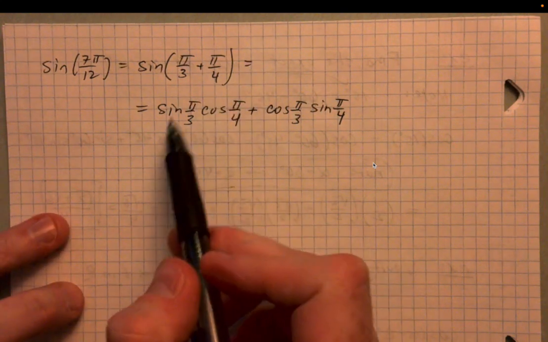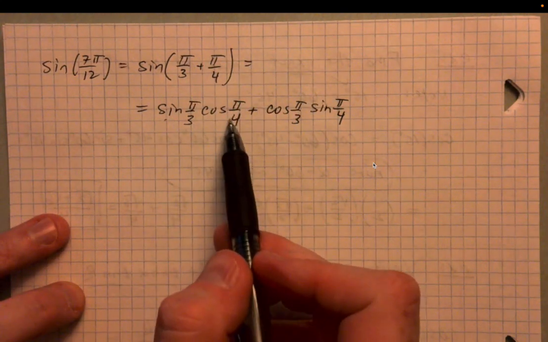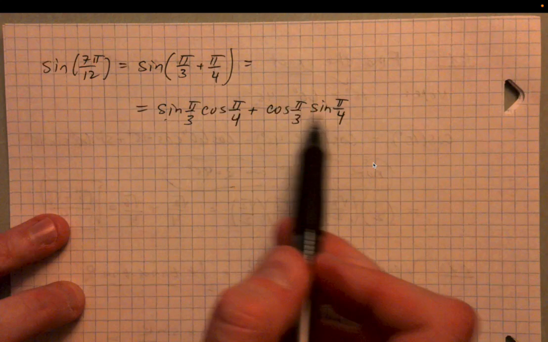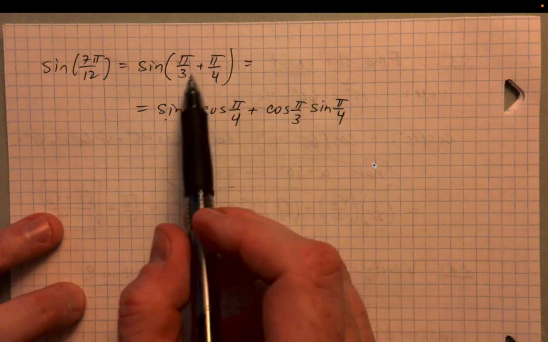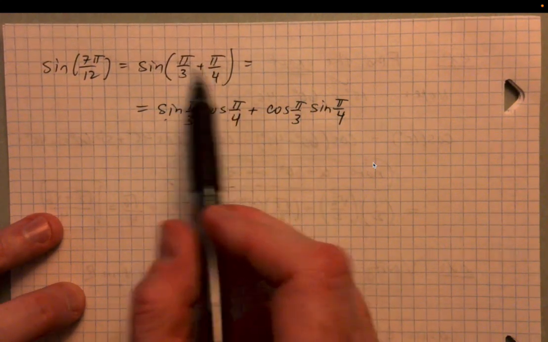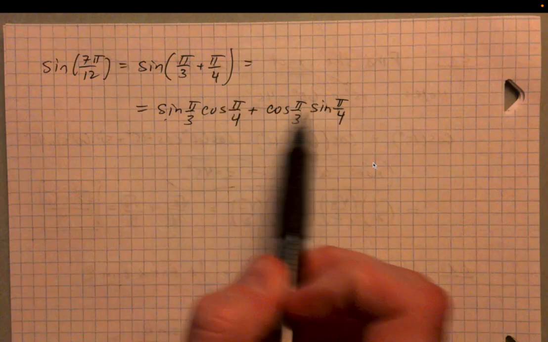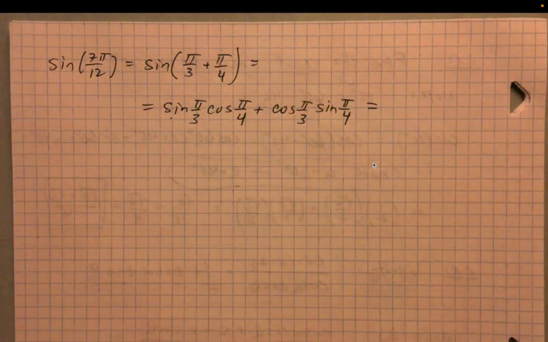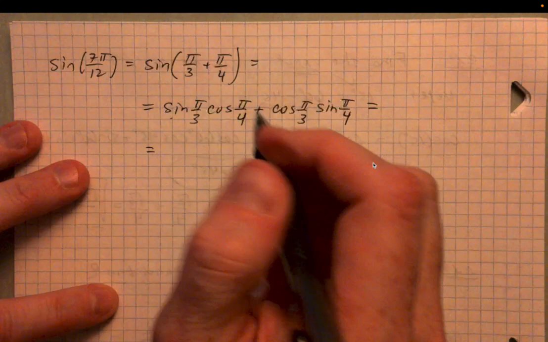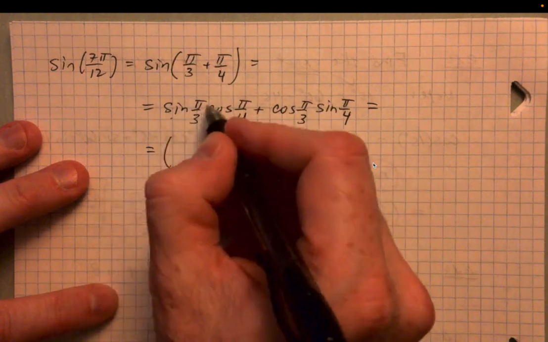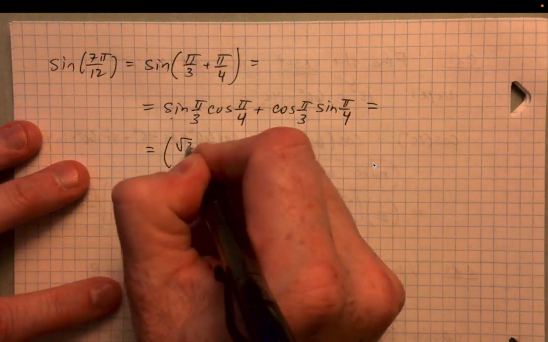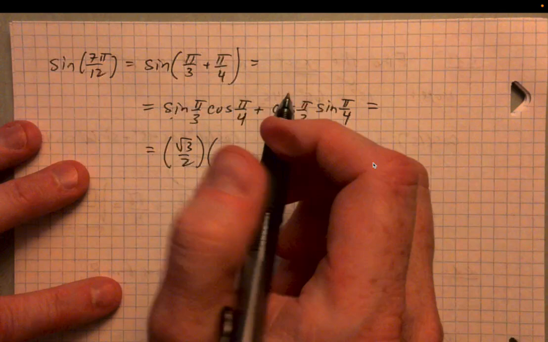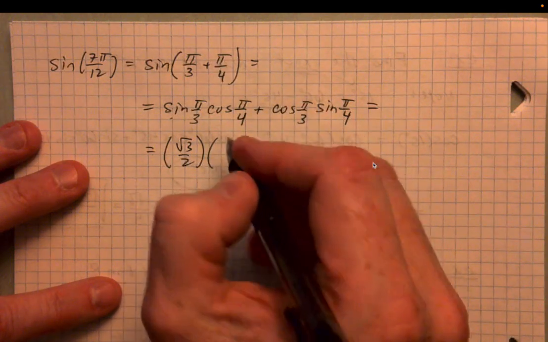Right, so this is like sine of alpha cos beta plus cos alpha sine beta, where alpha plus beta is up here. So you can go back and double check that formula, make sure that you can see that. But that's what it is, and so we can easily see that sine of pi over 3 is square root of 3 over 2. Cosine of pi over 4 is the square root of 2 over 2.